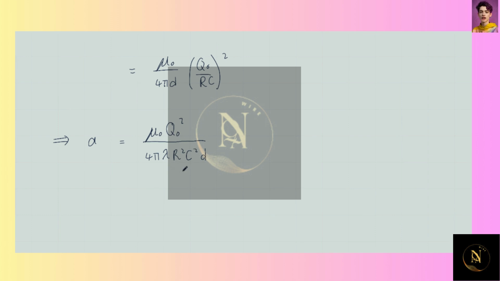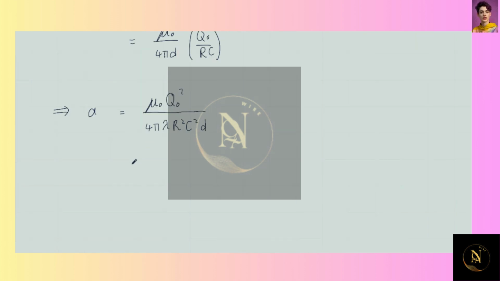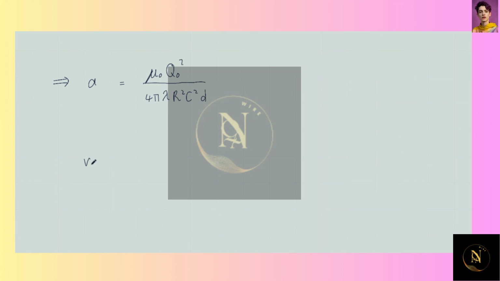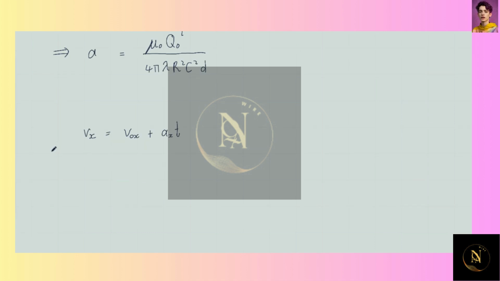Now that we have the acceleration, we can go to kinematics, and we know that kinematically the velocity v is equal to the initial velocity v naught plus a times t. And this gives us the initial velocity v naught to simply be a times t, and we can write this as a R C.